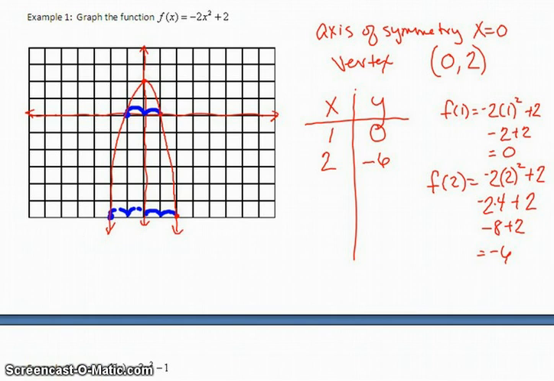It opens down. I'd like you to take a few minutes, pause the video, and graph example 2, which is f of x equals 3x squared minus 1. You're going to need at least 5 points, the vertex and 4 other points, 2 on each side of that axis of symmetry. Pause the video now. When you're ready to check your answer, go ahead and hit play.